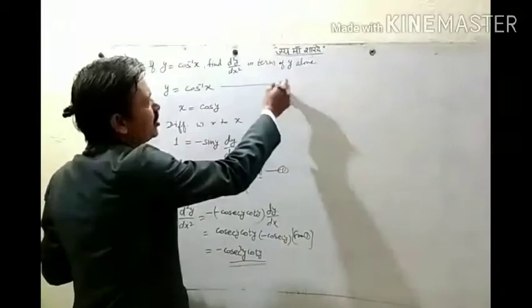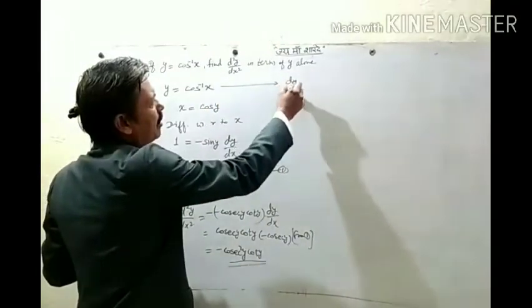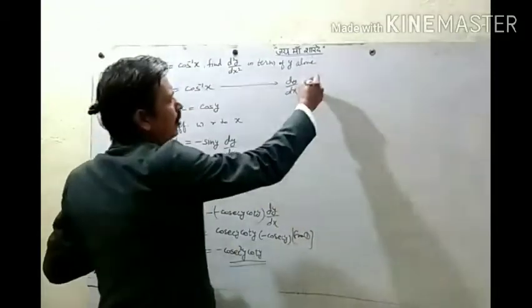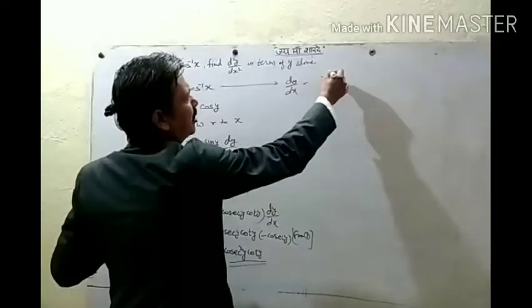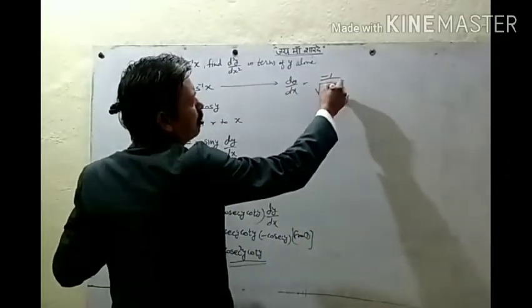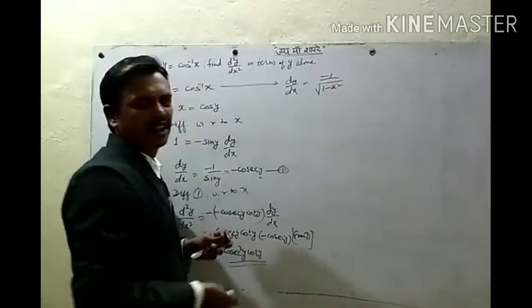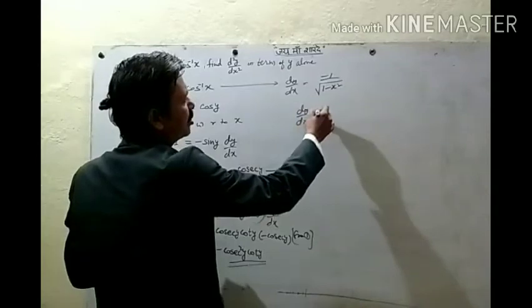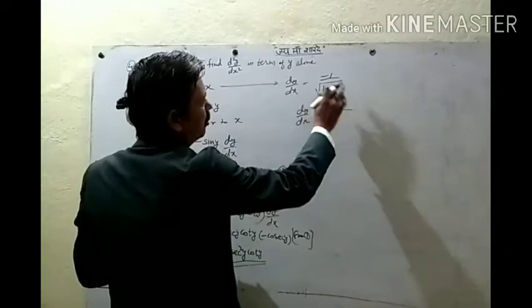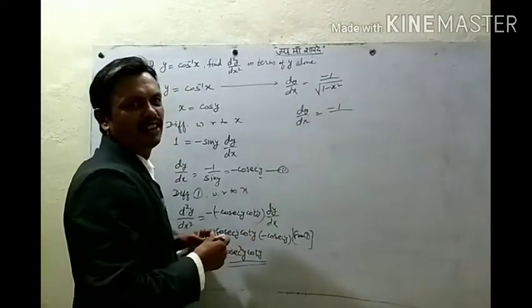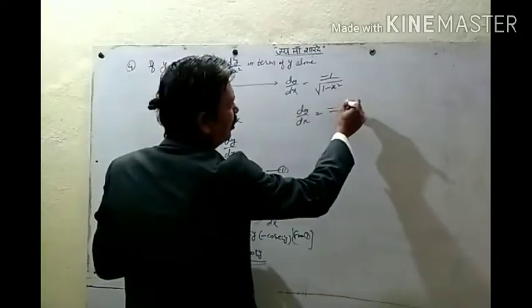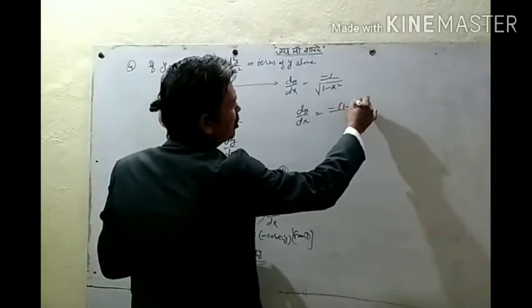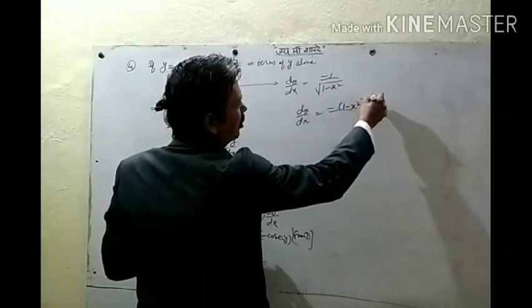Just differentiate. So dy by dx will be the derivative of cos inverse x, minus 1 by under root 1 minus x square. Then dy by dx is equal to minus 1 upon root 1 minus x square. We can write 1 minus x square to power minus half.